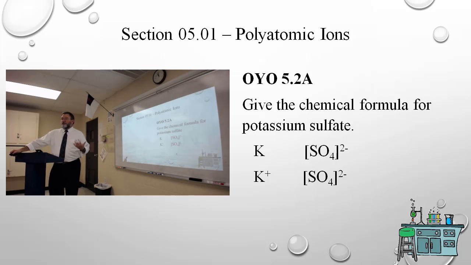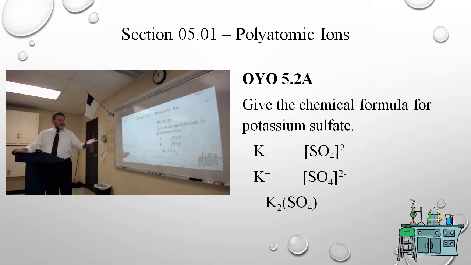So by the process we've learned now, what must the formula be? Yes, ma'am? It would be potassium and the 2 and then sulfate. Okay, so we have 2 potassiums and 1 sulfate, right? To look like this.